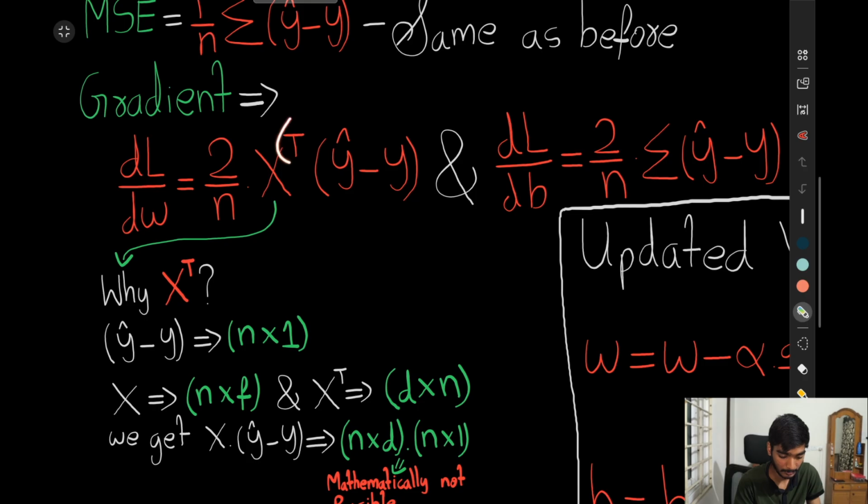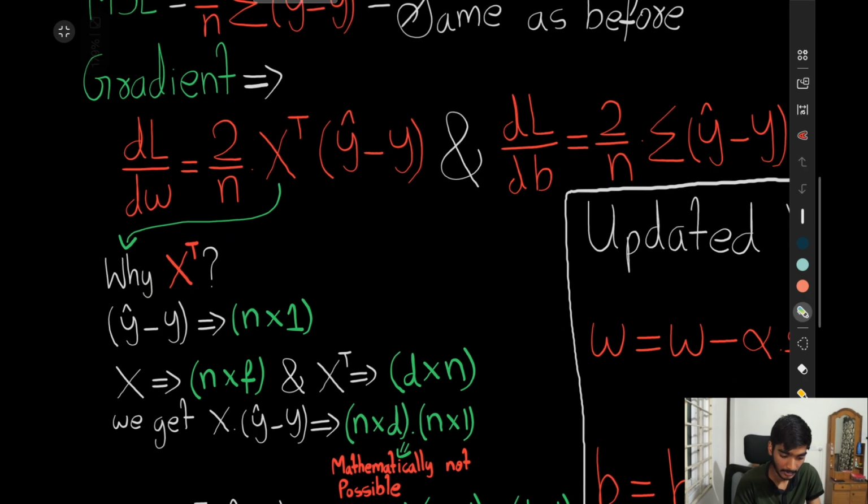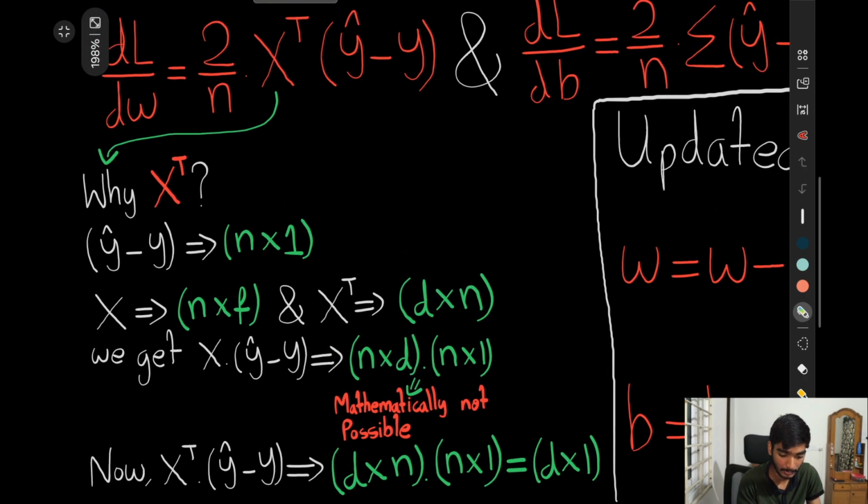So why are we performing the transpose operation here instead of directly multiplying the x with the error as we derived from the loss function? Remember earlier I mentioned the inner dimensions of any two matrices you are trying to multiply must match each other, so that you will get the output like n cross 1 without any errors, which is mathematically correct.